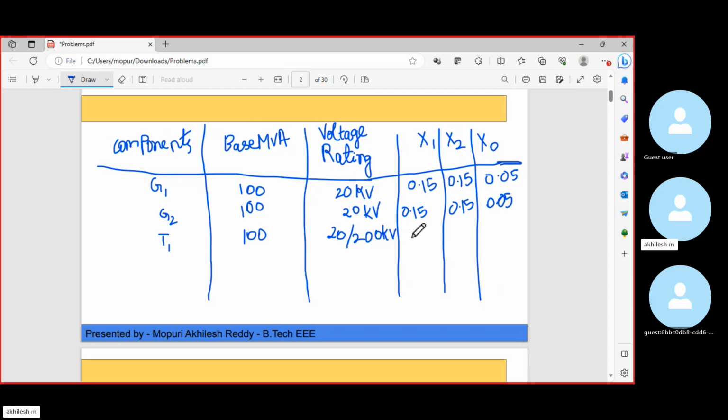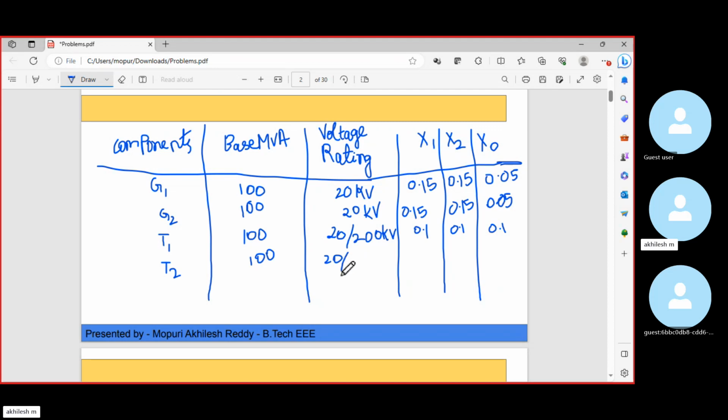And for X1, X2, and X0, all three are 0.1. Similarly for transformer T2, this is 100, and here it is 20 by 200.